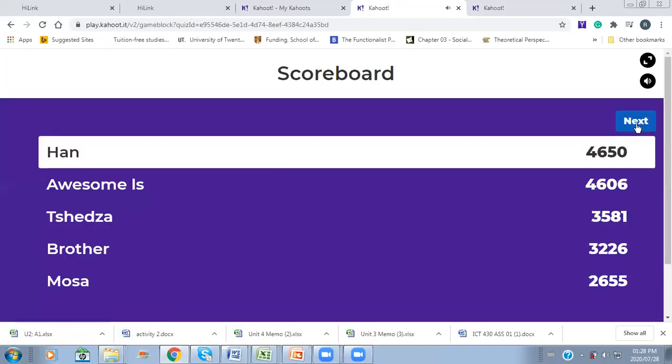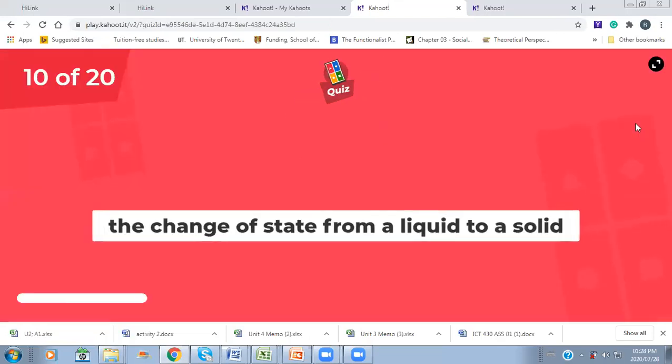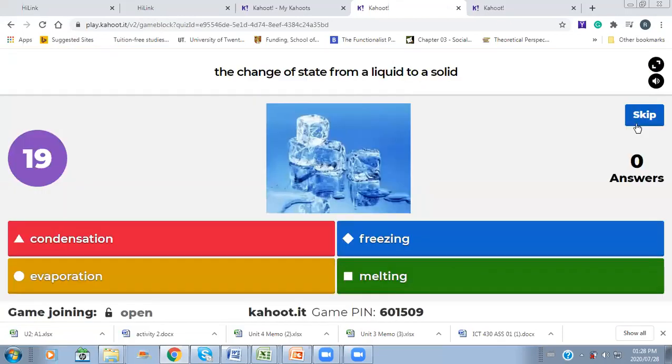True. Yeah, the scoreboard, as you can see, let's get going. The change of state from a liquid to a what? Solid.